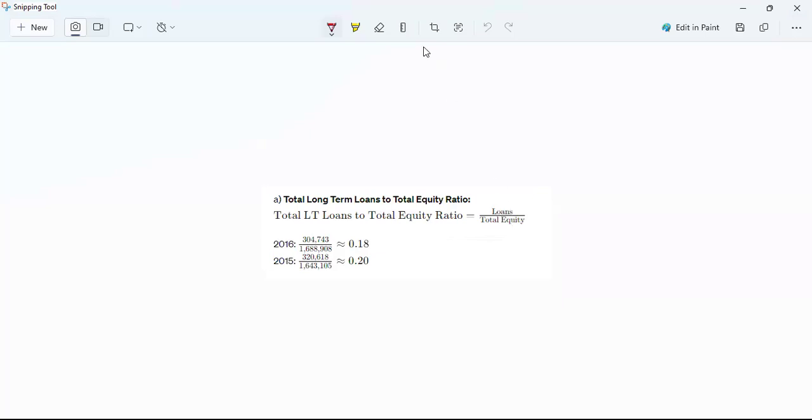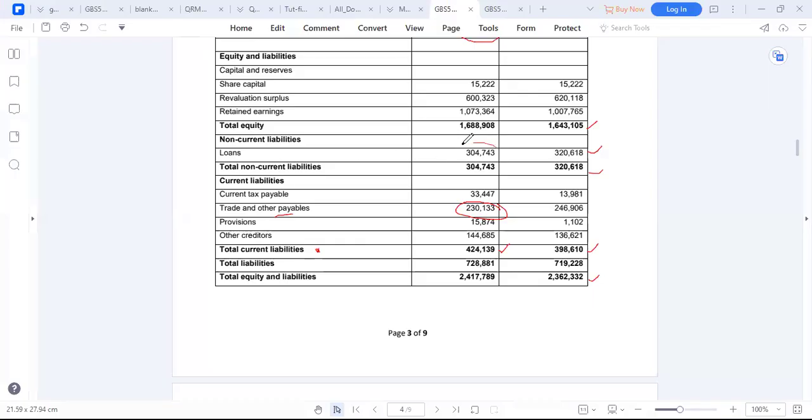So we go to our statements. Let's identify the loans that we have and our equity. The loans here we have 304. The total equity 1.6.